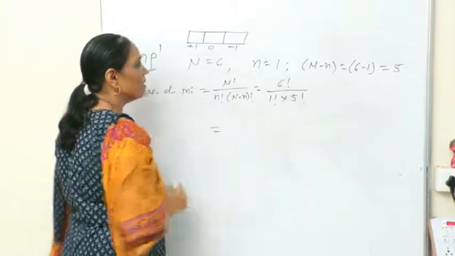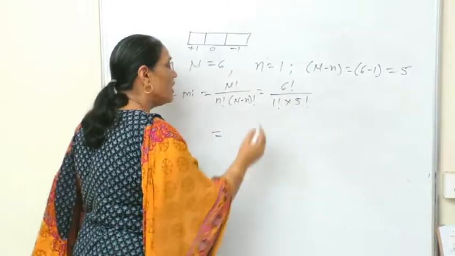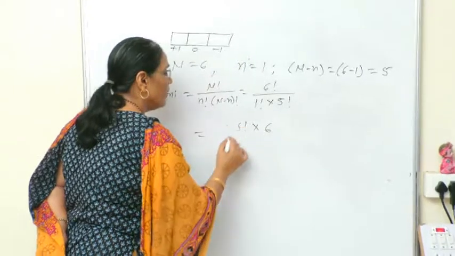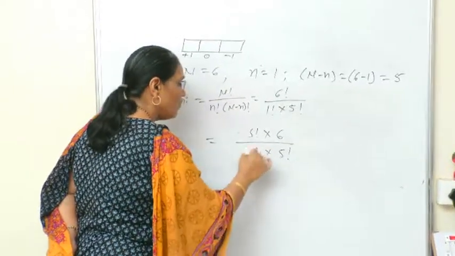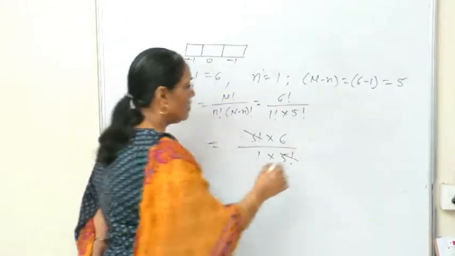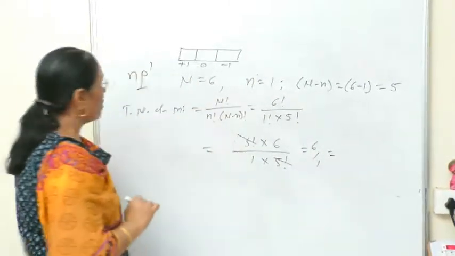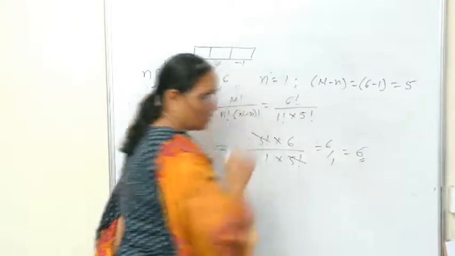Further it can be solved: in the denominator there is 5 factorial, so 6 into 5 factorial by 5 factorial into 1. The 5 factorial will get cancelled, and the total number of microstates for the np1 configuration comes to be 6.